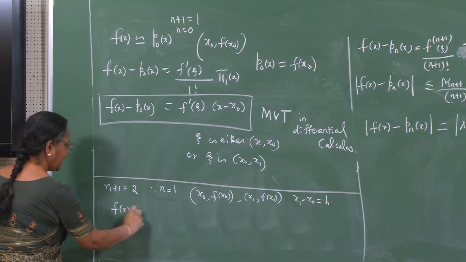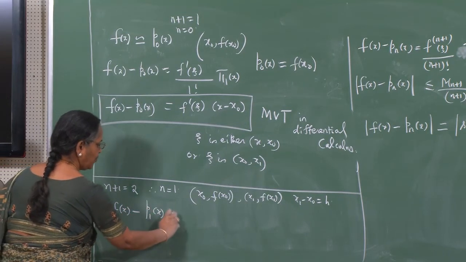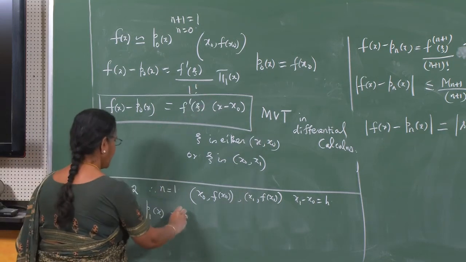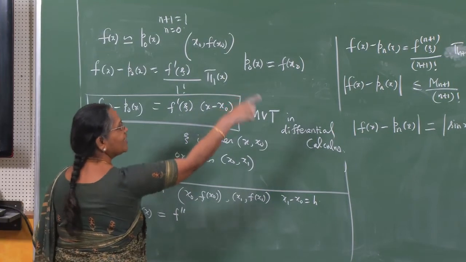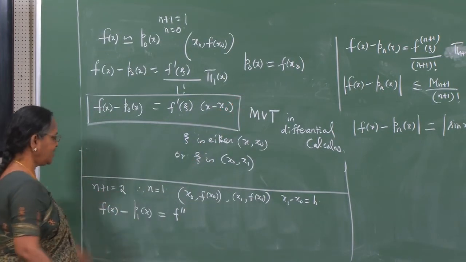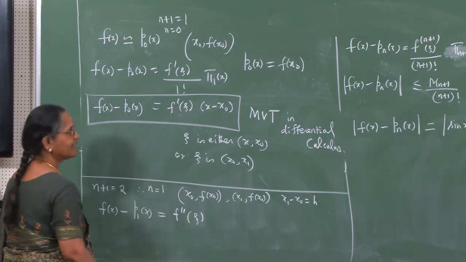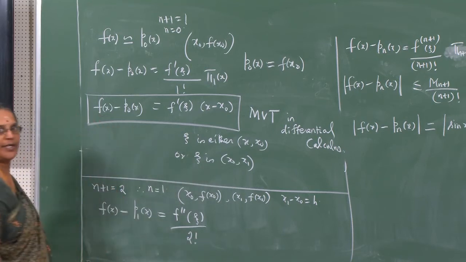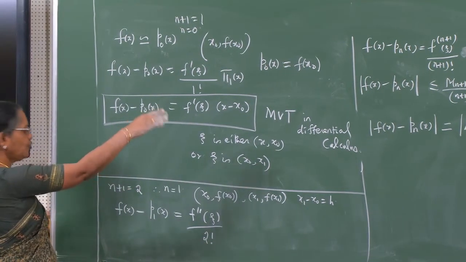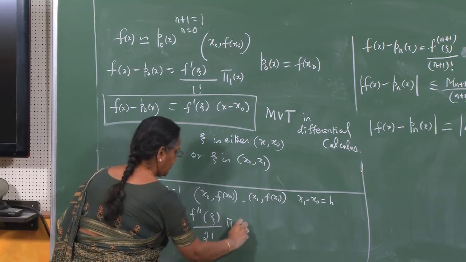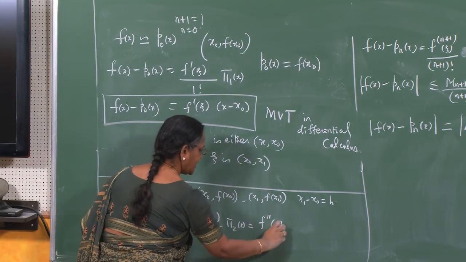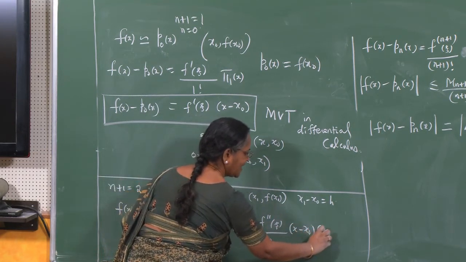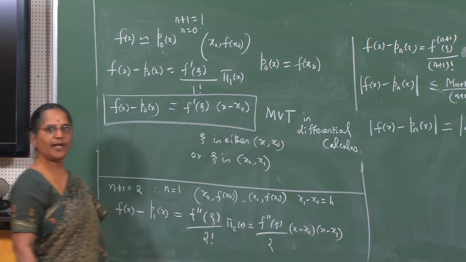So, f of x minus a polynomial of degree 1, which I denote by p 1 of x, is equal to the n plus 1th derivative of f, that is the second derivative of f at some psi divided by n plus 1 factorial, so 2 factorial, into pi 2 of x. So, it is f double prime at psi by 2 factorial into pi 2 of x, which will be x minus x naught into x minus x 1.